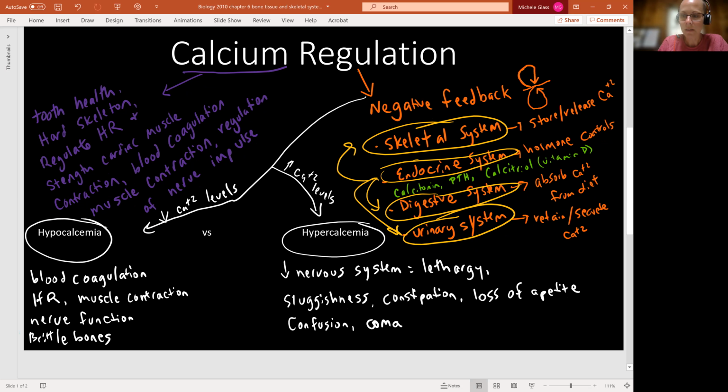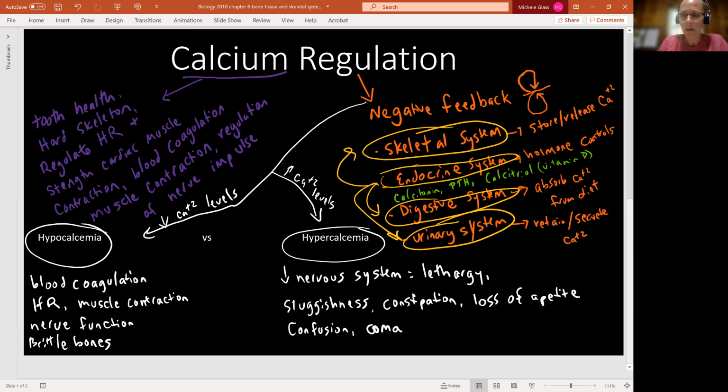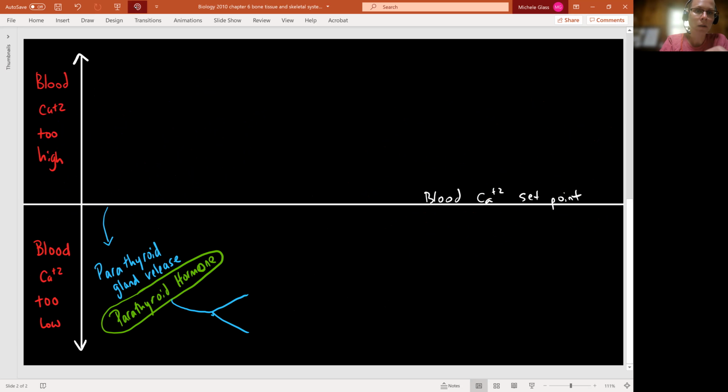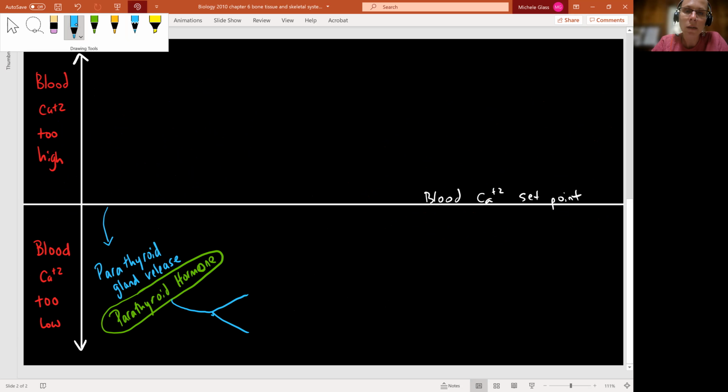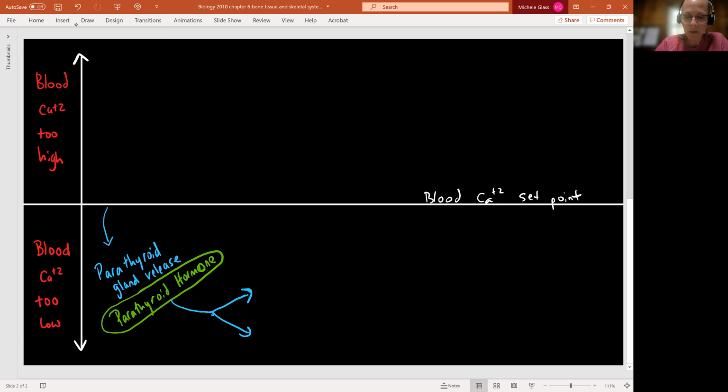Okay, so let's go back to our mechanism here. We're talking about that parathyroid hormone, and we're looking at who it talks to. The parathyroid hormone can talk to your bone, and it's going to trigger an increase in osteoclast activity.